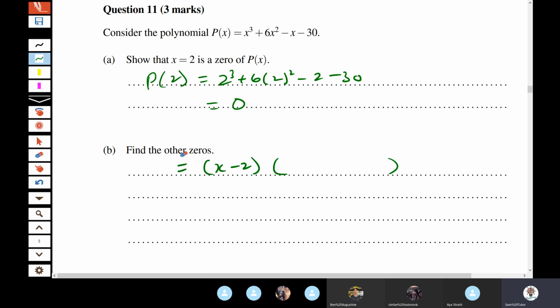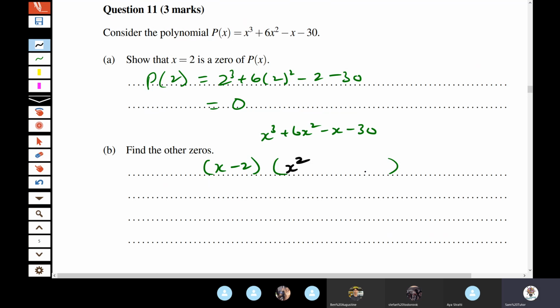So we know the answer, right? We know the answer is meant to be x cubed plus 6x squared minus x minus 30. And because I know that it's all fully divisible, or find all the zeros, which means it doesn't have any remainders, I can do it this way pretty quickly. X multiplied by something to get you x cubed.